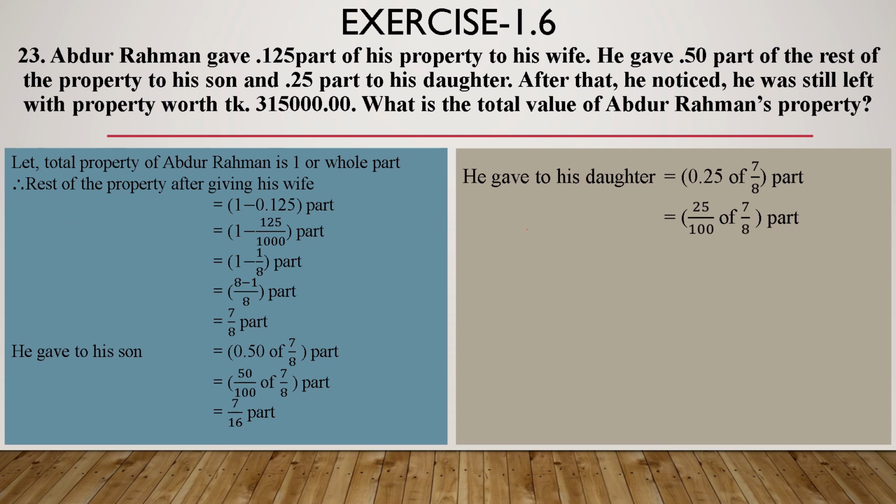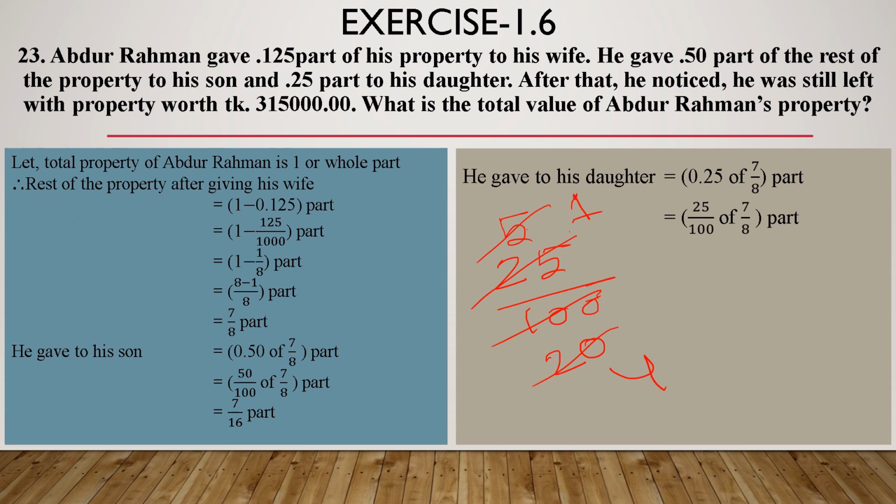That means 25 divided by 100. If we divide by 5 at first, 5 5s are 25, and 5 20s are 100, that means 5 by 20. And after that we can reduce 20 by 5 again. So 5 4s are 20, here it would be 1.